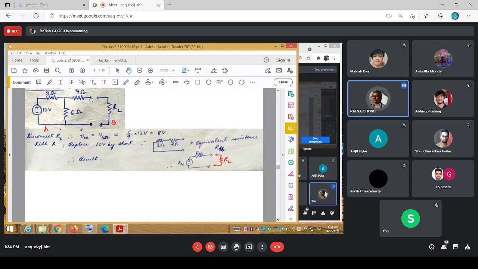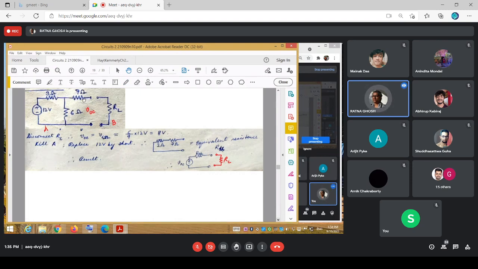When you're applying Thevenin's theorem, you're looking at the drop at this point. This is your V of OC, which you're trying to evaluate. You would find out what the voltage drop is here. The voltage drop across these 2 points is the same as the voltage drop across these 2 points.